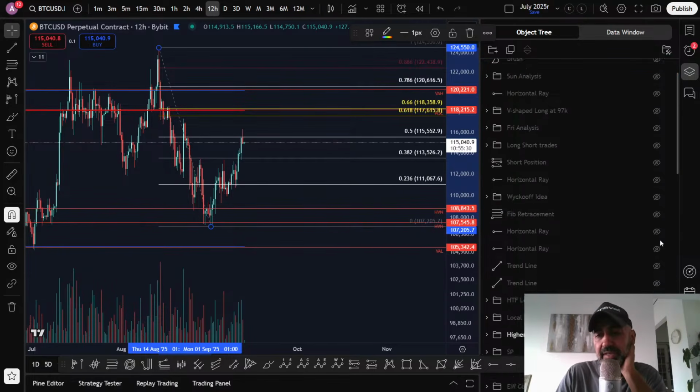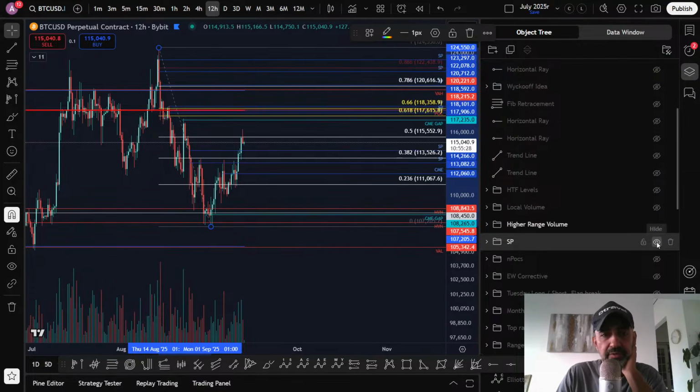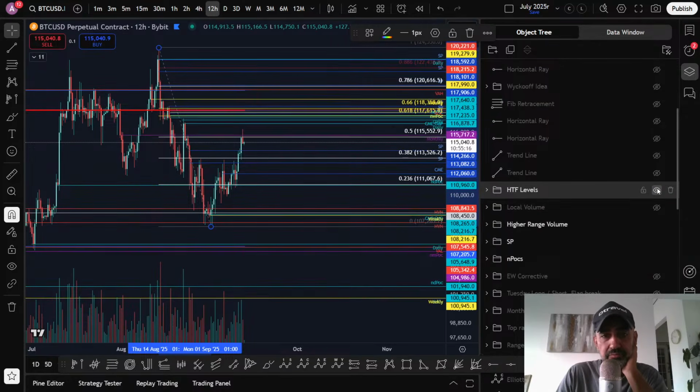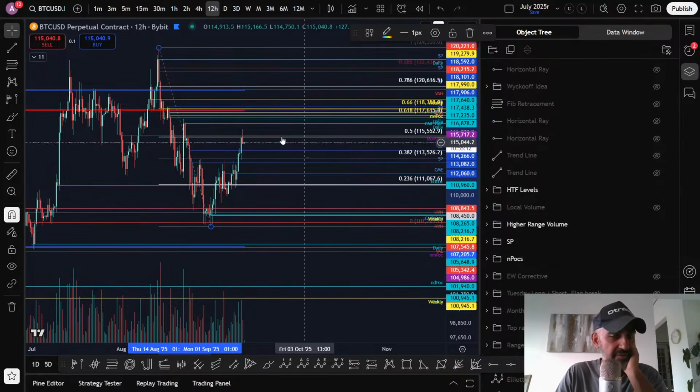I still think that. And you have a CME gap, you have some single prints there, you have a naked monthly point of control, you have some daily levels, you have a lot of resistance slightly above where the price is right now.